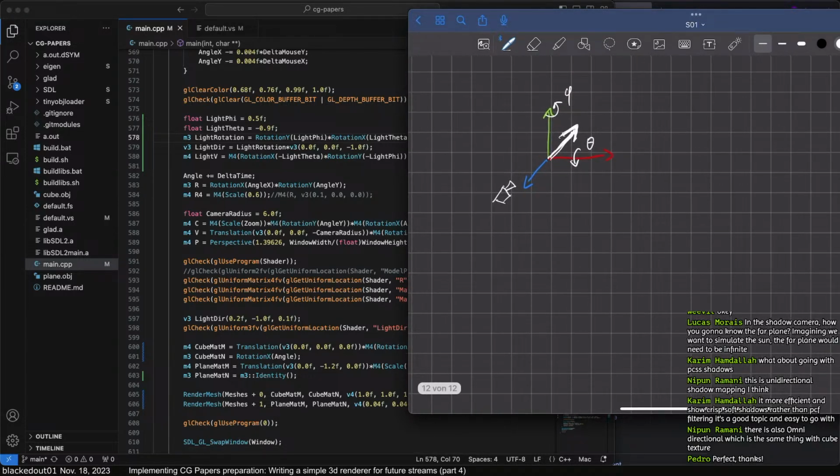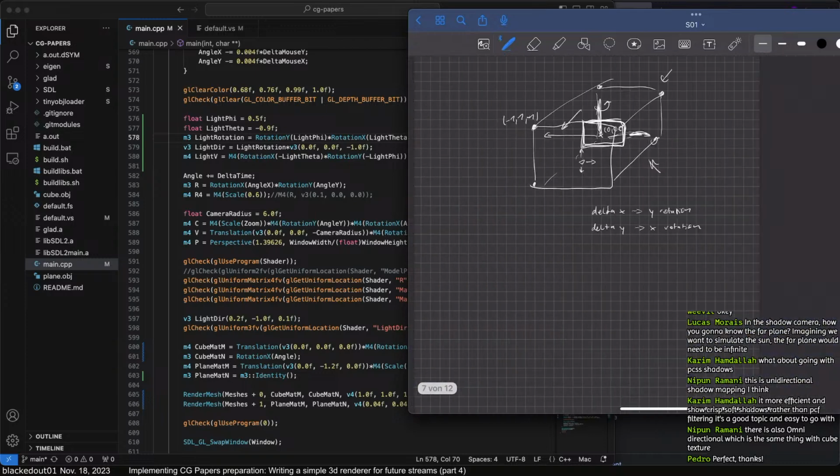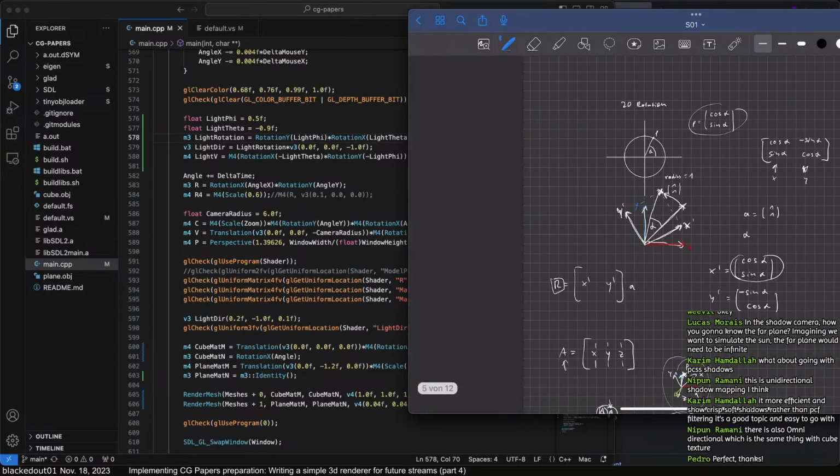And the thing here is that OpenGL wants us to have everything in this normalized device coordinate cube. This looked like this, so this was back here somewhere, I think.